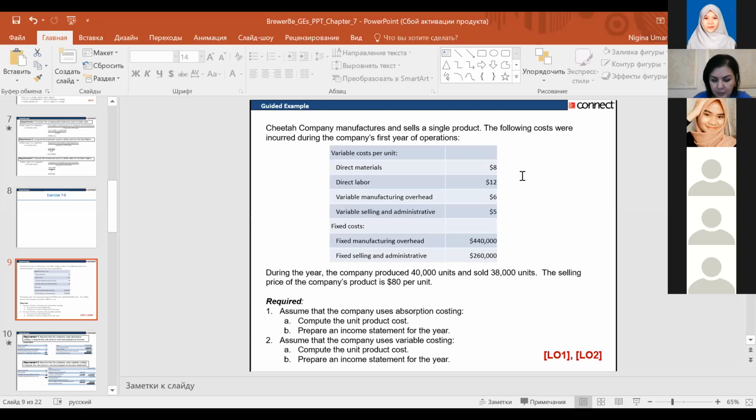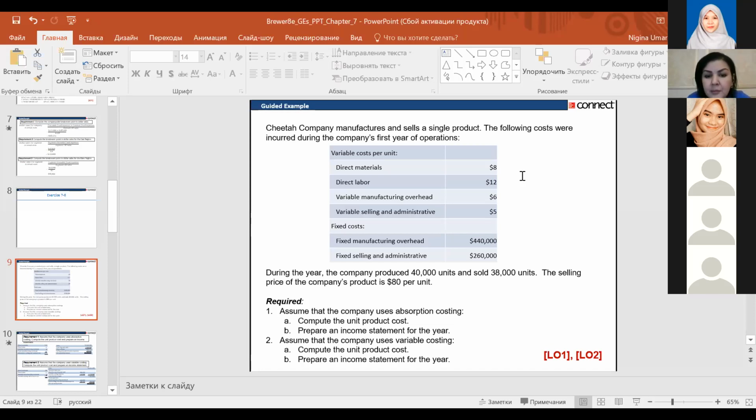So direct material 8 plus direct labor 12 plus variable manufacturing 6 plus fixed manufacturing overhead per unit 11. So what is the total? $37. Yes, very good. It's a cost per unit, the unit product cost.